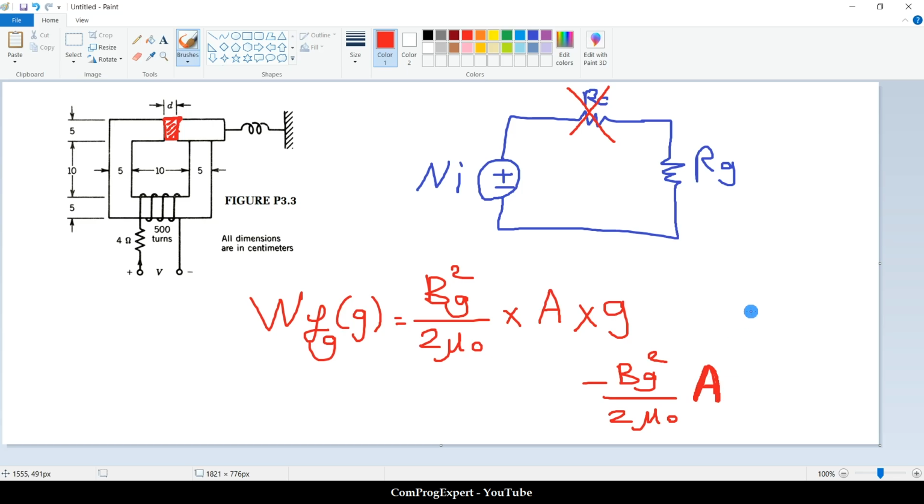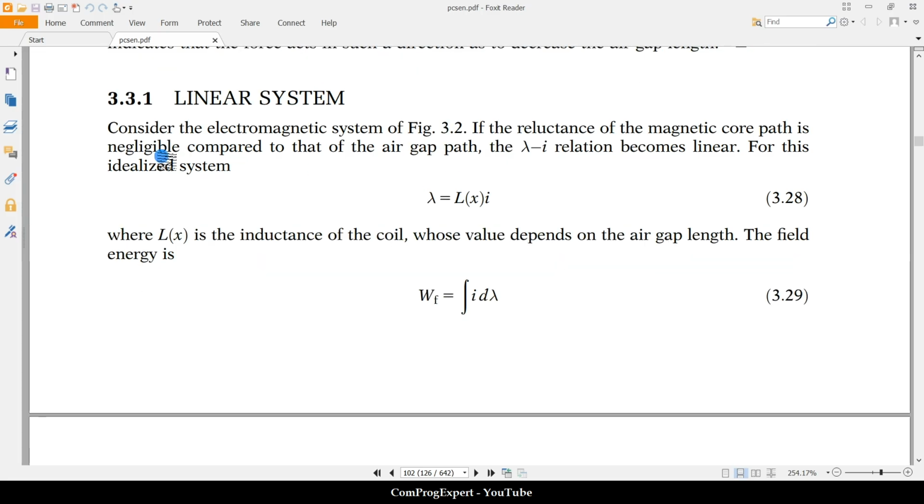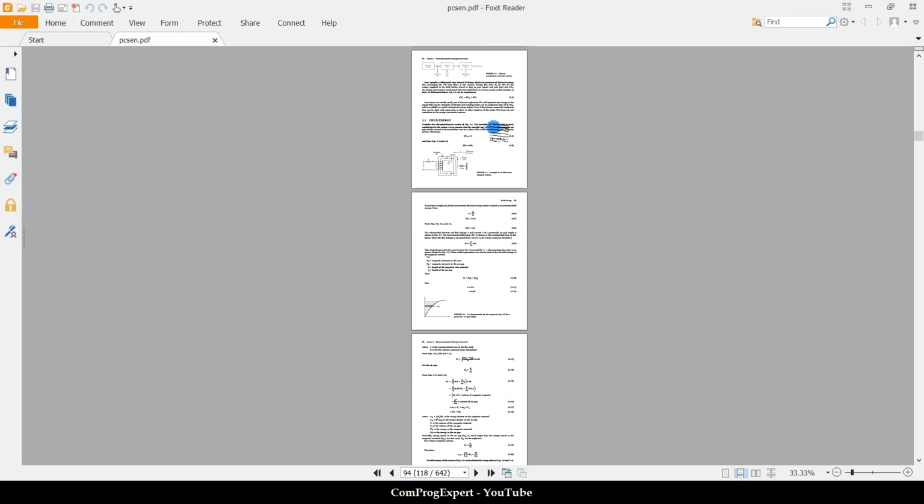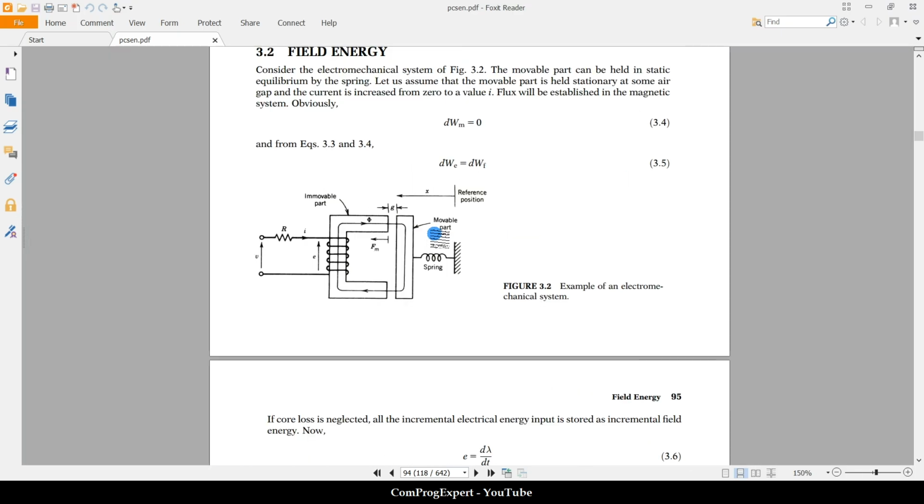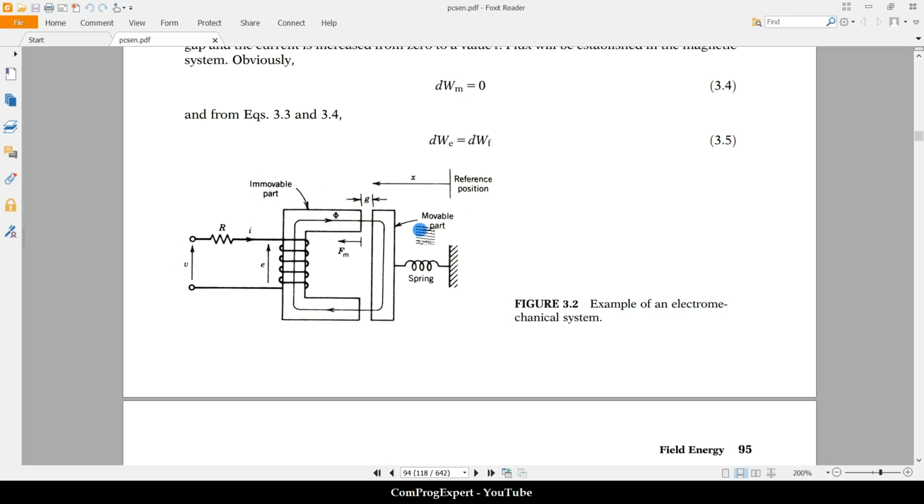A simplification: we neglected the iron reluctance, but we can also include the effect of the iron reluctance. In this part, the same thing is explained for the electromagnetic system of figure 3.2, the system that we studied in the previous video, this one.